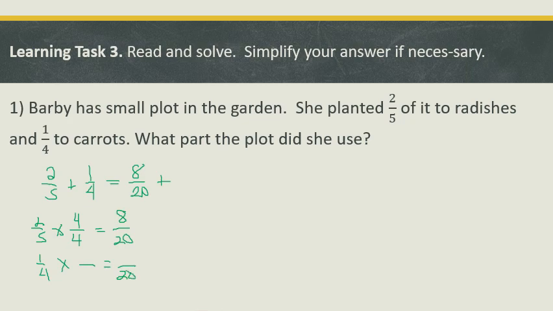So pwede siyang i-multiply sa 5. So kaya ang 1 times 5 is 5. So 5/20. So since sila ay similar fraction na, kukopihin na natin yung denominator. Then 8 plus 5 is 13. Okay, so kaya ang answer natin is 13/20.